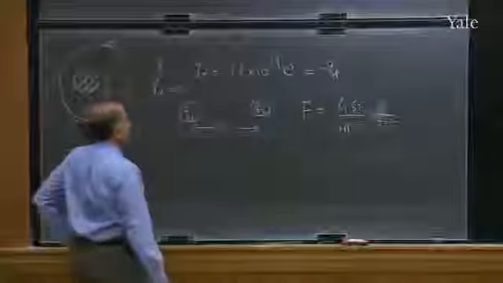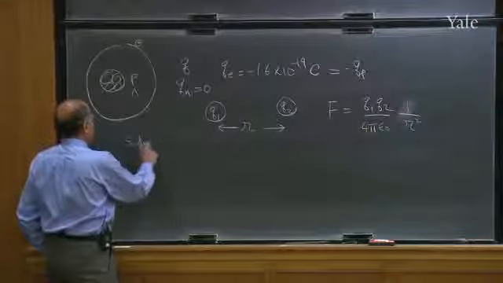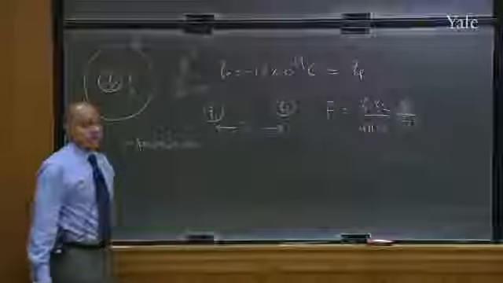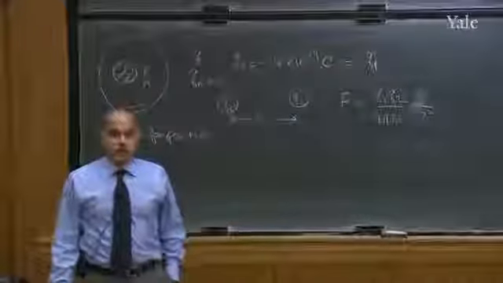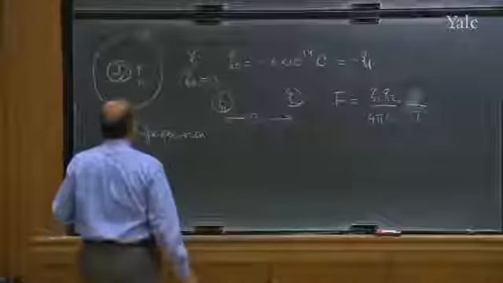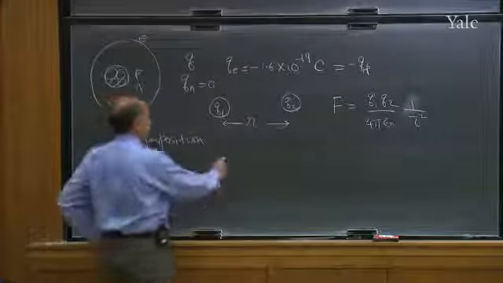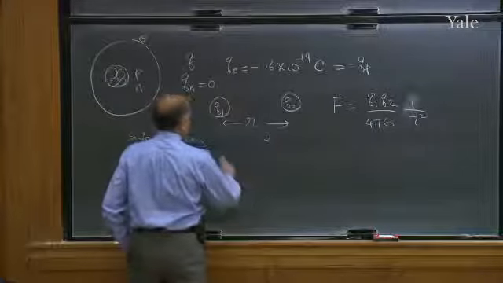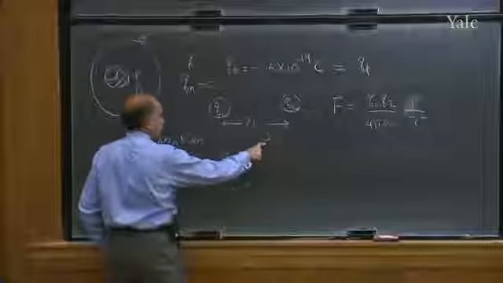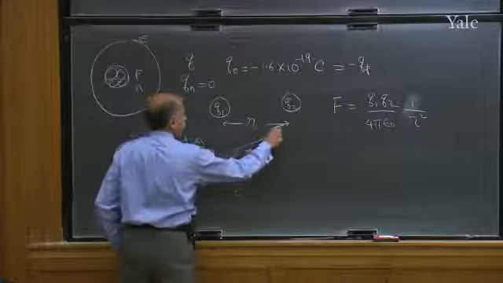You need only one other ingredient. That's the superposition principle. You need that ingredient because we're not going to be talking only about two charges. We're going to be talking about many charges. And the question is, what will they do when they're all present? It's a great blessing that we have the principle of superposition that says that if you got, say, 3 charges, say 1, 2, and 3, you want to know the force on 3 due to 2 and 1, you can find the force that 1 would exert.